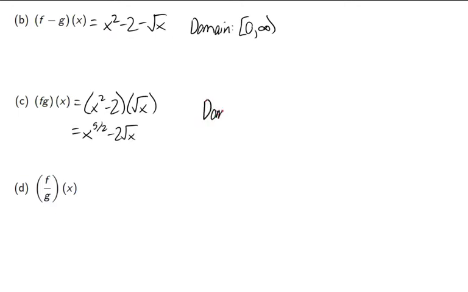And again, the domain is bracket 0 to infinity because we're just combining the domains of the two functions.